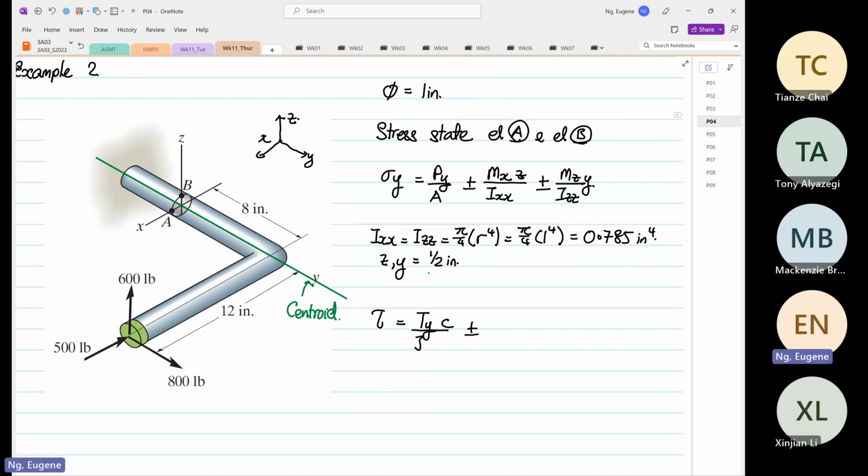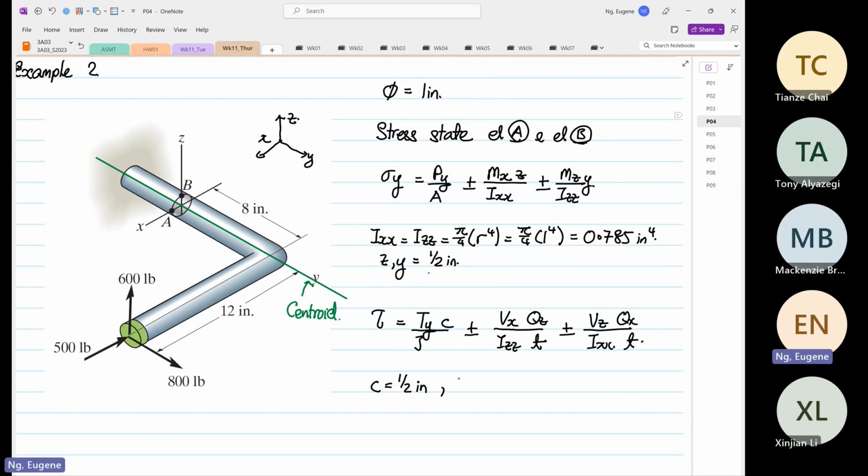Then again, you have plus or minus Vx over Izz times Qz over T, and then plus or minus Vz over Ixx times Qx over T. So we also know that C is equal to ½ inch.